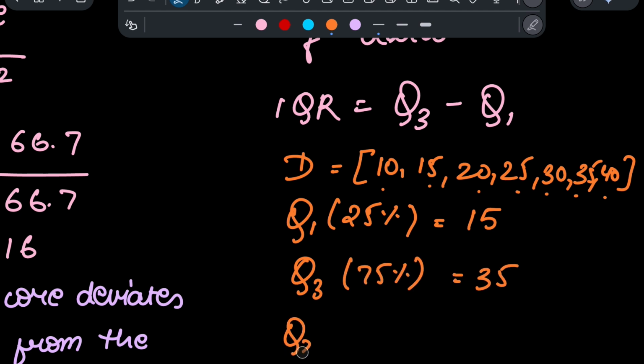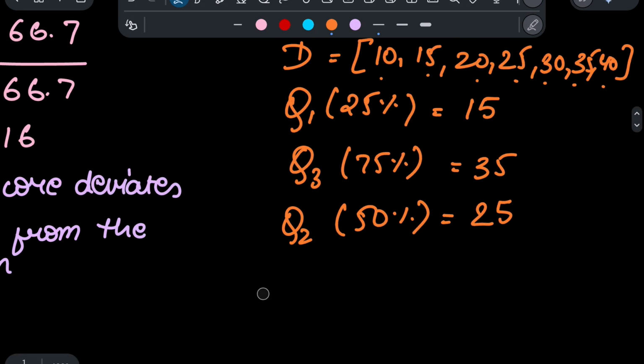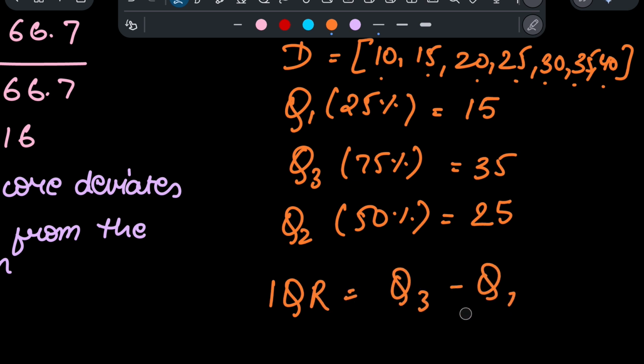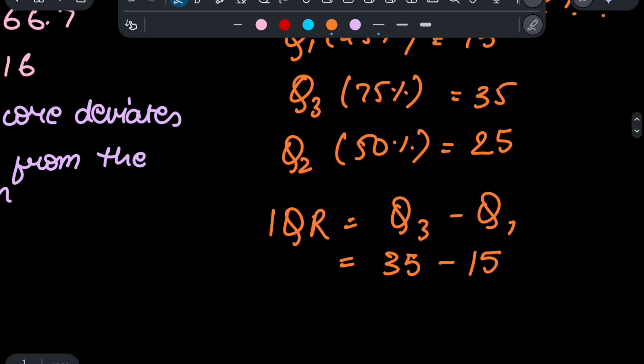And our Q2, which is the 50% or the middle value, will be 25. So what would be our interquartile range? Q3 minus Q1, which is 35 minus 15, which is 20.